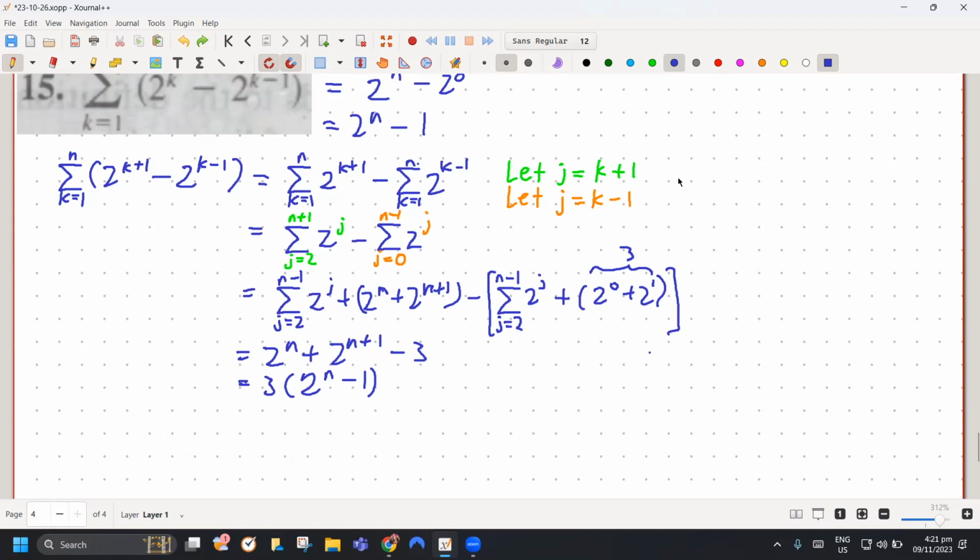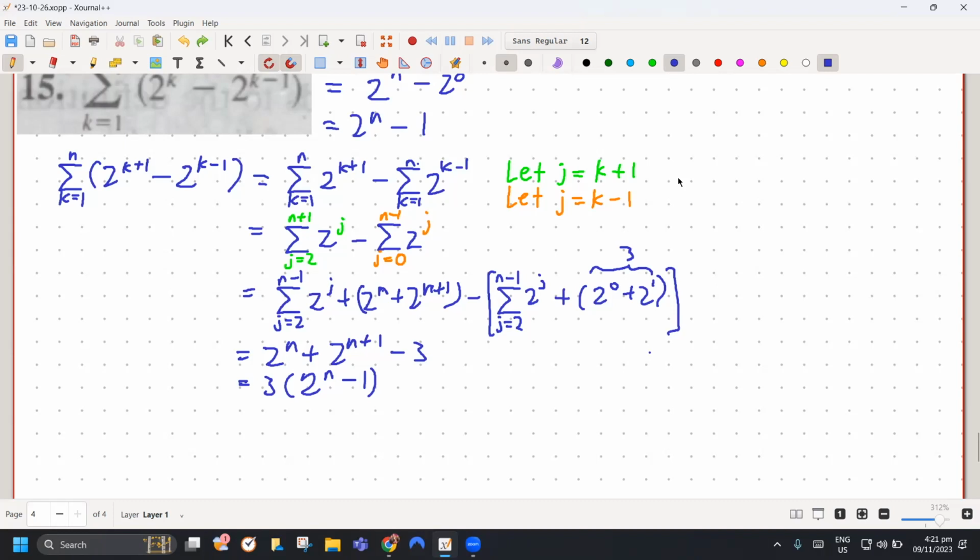So when n equals 2, 3, plus, what is it? 2 cubed minus 2, so 2 cubed minus 6. So 6 plus 3, 9.